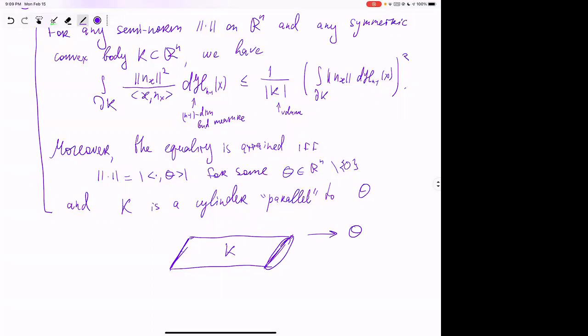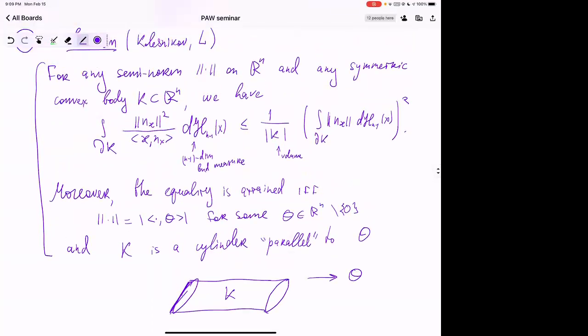I mean, here I have n-1 dimensions, sort of. If my semi-norm is just the simplest possible one, just the length of the scalar product, then the equality is attained. So this is the statement that I shall prove.